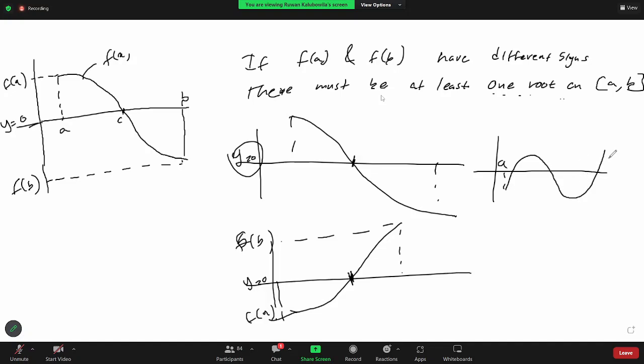Then f(a) has a negative sign, f(b) has a positive sign. Then you can see there are 3 points that cross or intersect the y equals 0 line. That means those are roots. There are 3 roots for this function, right? So this may increase, but we can say there must be at least 1 root.